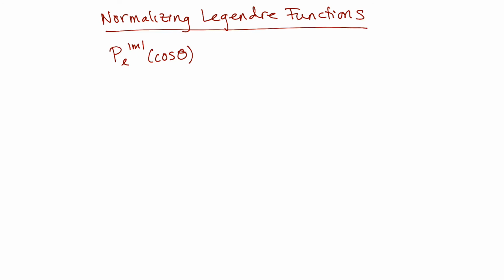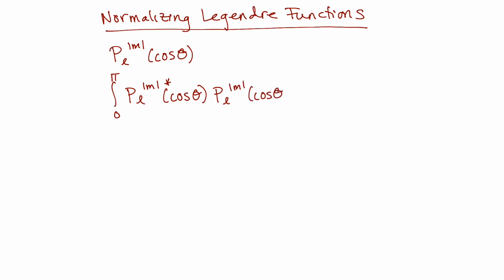For normalizing, remember our limits on theta are 0 to pi, so you want to be careful to use the correct limits. We'll put our function in here, along with its complex conjugate. But we see that these are not complex functions, so that's not going to be significant in this context.